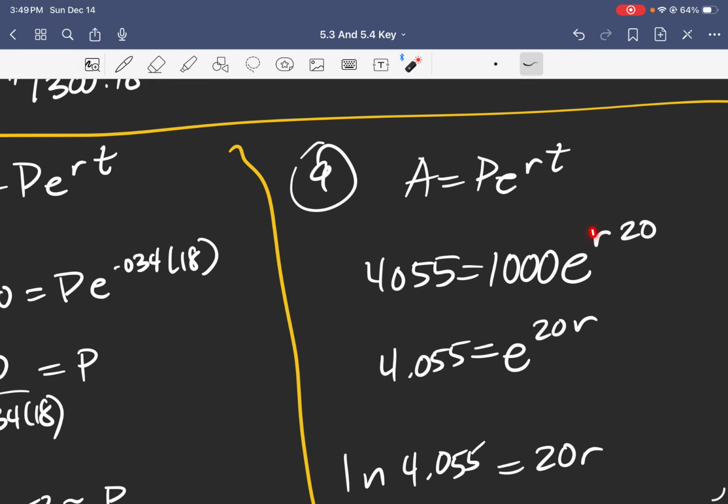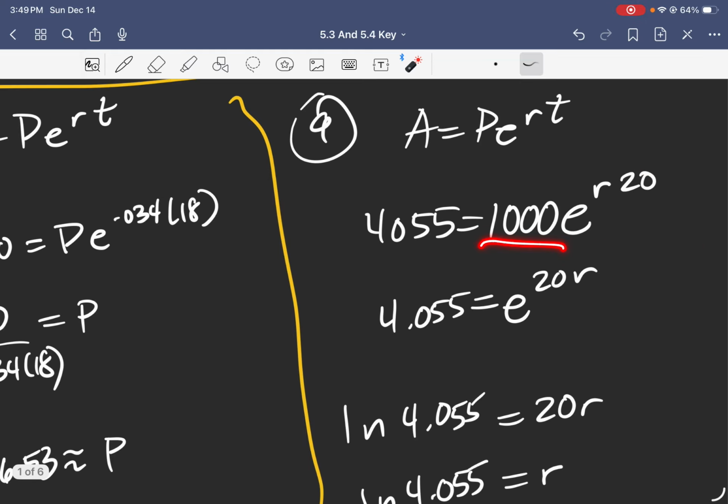Number 9, in this case, now we're solving for the rate. So we got $1,000, 20 years, and we want to end up with $4,055. If we notice right now, it is not in exponential form, but if we divide by 1,000, since it has 3 zeros, dividing by 1,000 is the same as moving the decimal 3 places to the left.